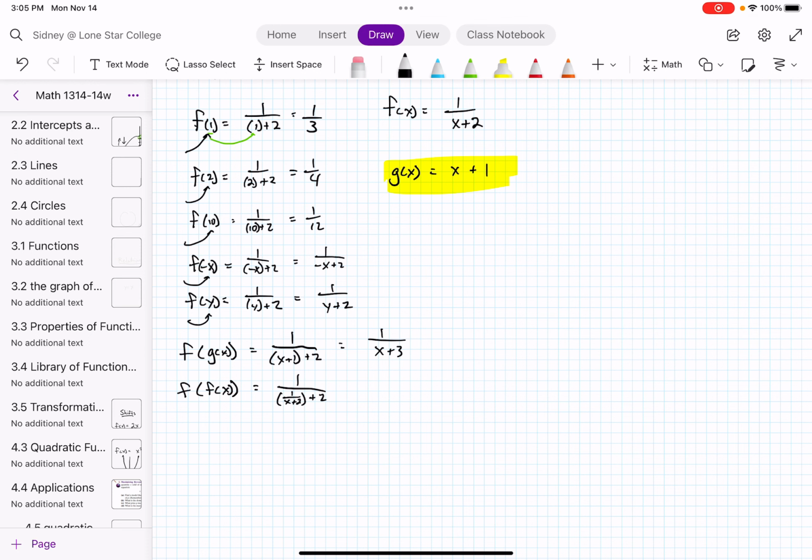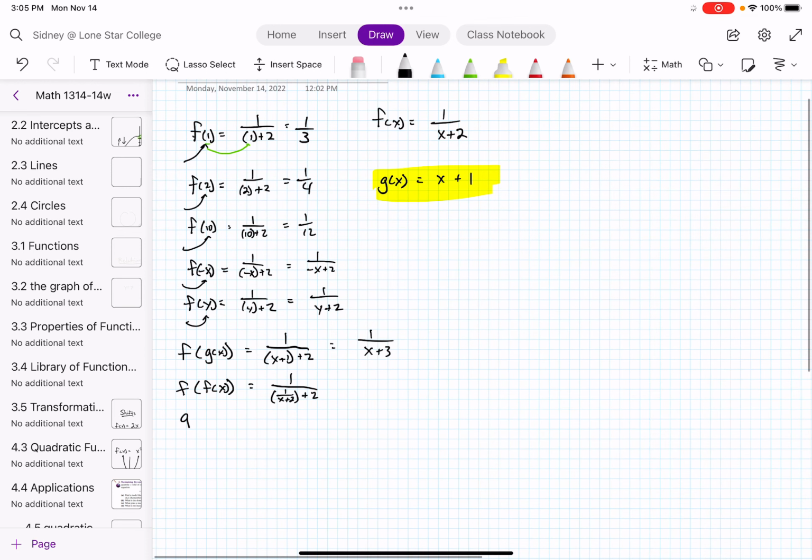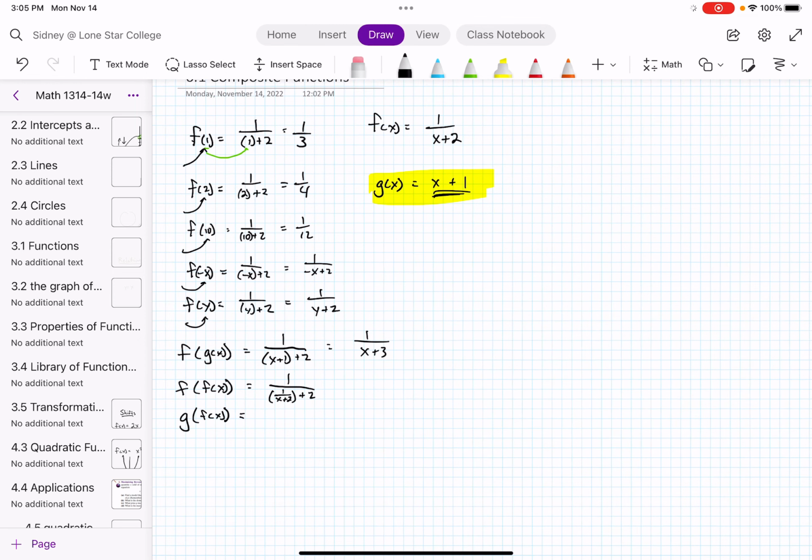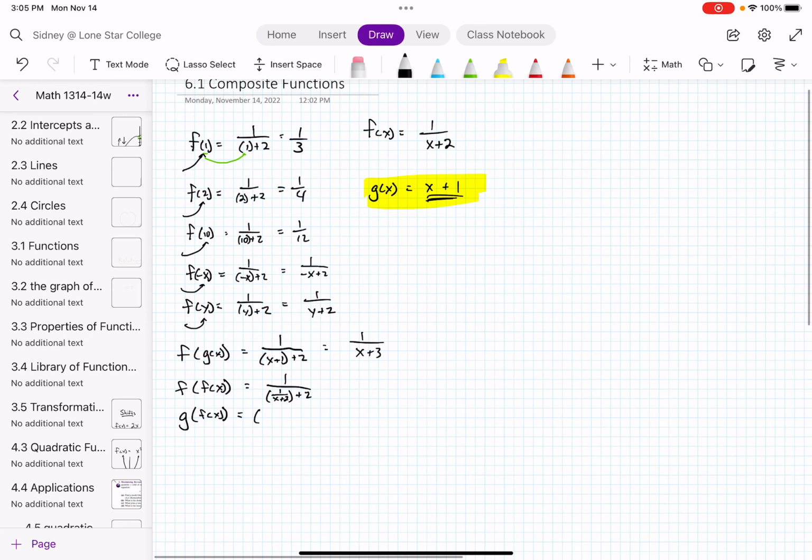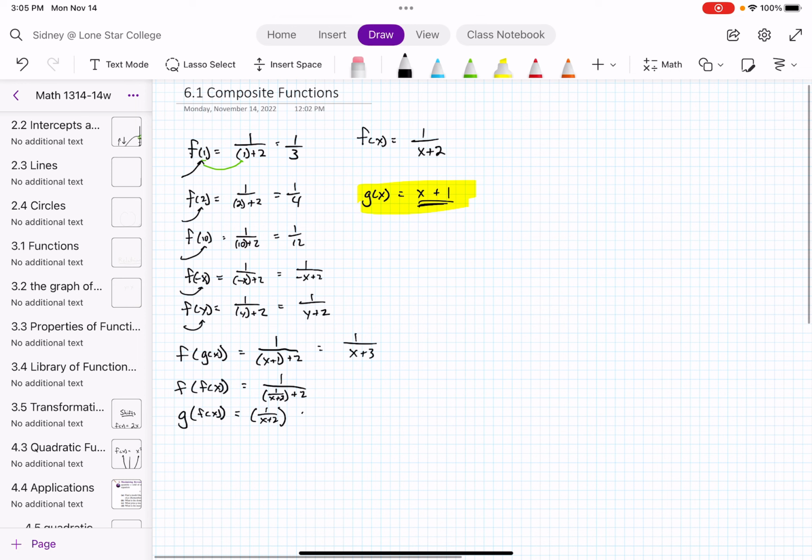I can plug the f function into the g function. We can do whatever it says to do. So instead of x plus 1, this right here, I'm going to plug the f function in where x is, and so that's 1 over x plus 2 plus 1.